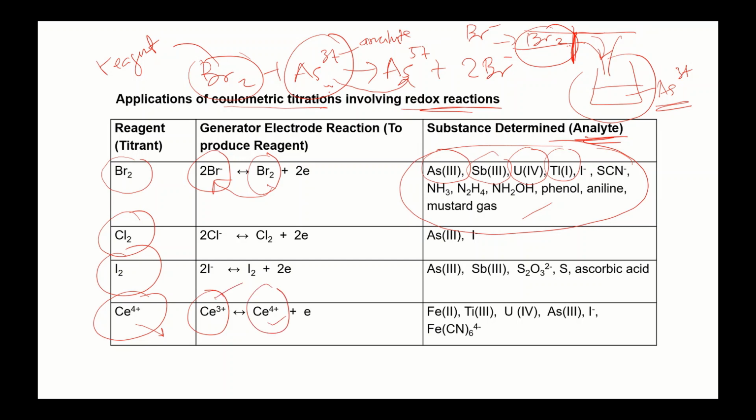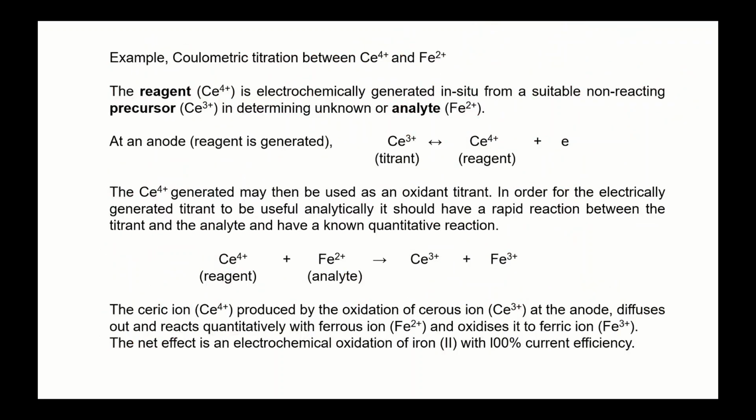Then this reagent will react with, if you want to measure ferrum 2, titanium 3, uranium 4, arsenic 3, and ferrocyanide, you can use cerium 4 plus or ferric ion as reagent. How do you produce that reagent from cerium 3? The example here is coulometric titration between cerium 4 and ferrum 2.